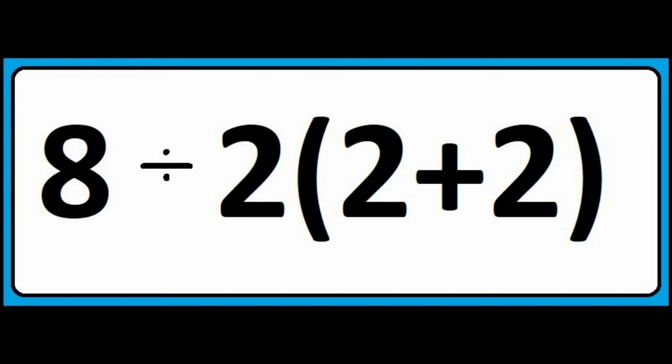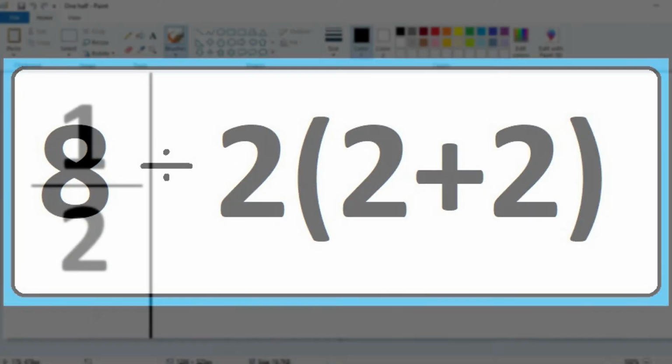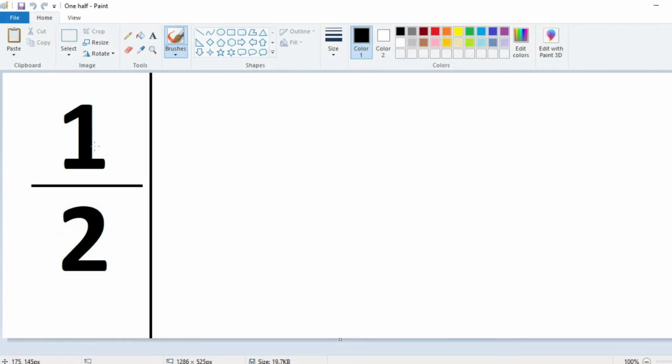Let's first look at the number 1/2. This is the number 1/2. The line between the 1 and the 2 represents division. So in the conventional form of reading numbers, top to bottom, left to right, we read this number as 1 divided by 2.